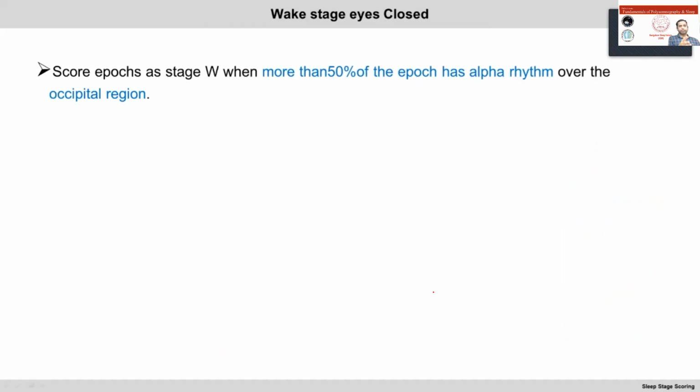Alpha activity covers more than 50% of the total epoch; for a 30-second epoch, that means 15 seconds. It may not be continuous. It may be 5 seconds with no alpha, then 5 seconds with alpha. If it comprises a total of 15 seconds, then the epoch is covered by 50% alpha rhythm.